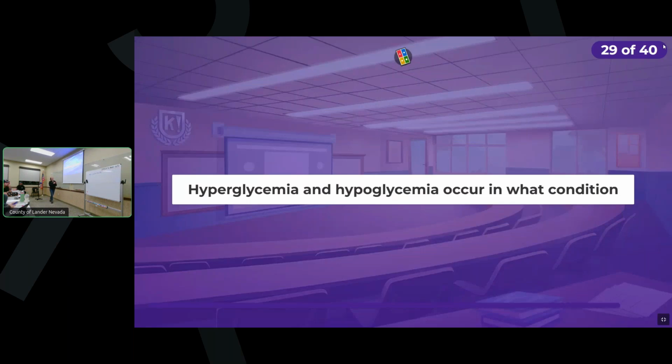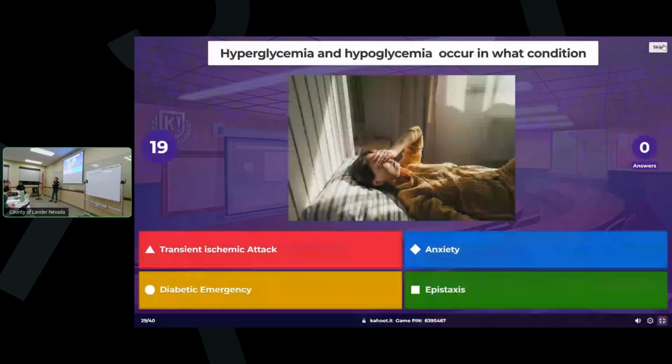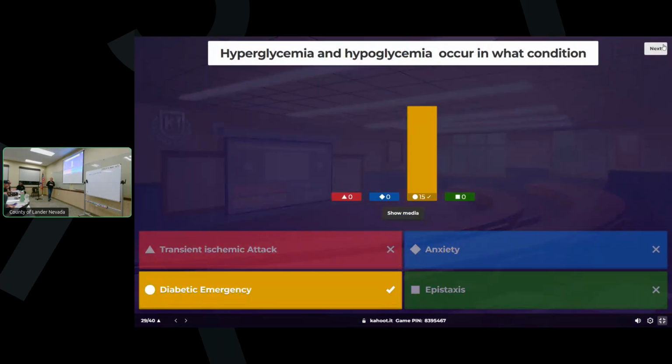Hyperglycemia and hypoglycemia occur in what condition? Good. So before you click, Billy, what is a transient ischemic attack? So transient means what? It comes and goes, right? It's not just there, it comes and goes.